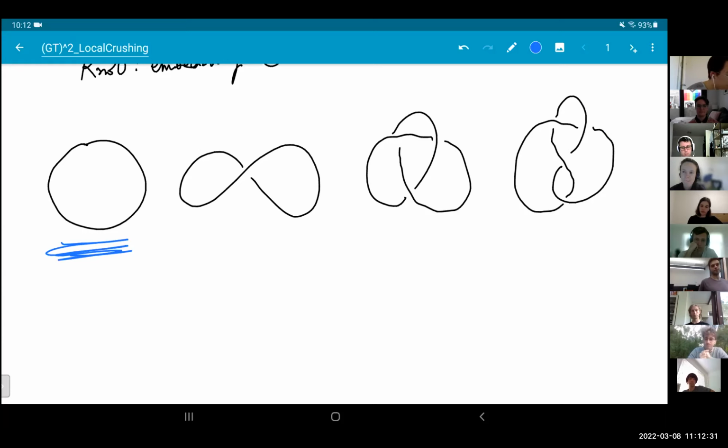Maybe it's not so hard to see that this one you can untangle, and I claim that the other two you cannot. So this is the problem we're trying to solve. I give a computer a knot, and I ask the computer, can I untangle this knot? Can I move it around in space and just get back a plain, boring old circle?